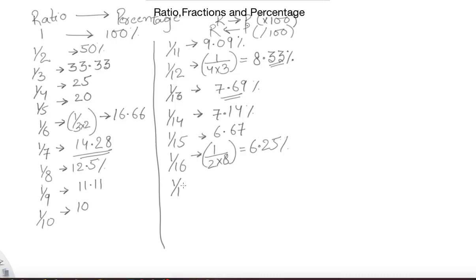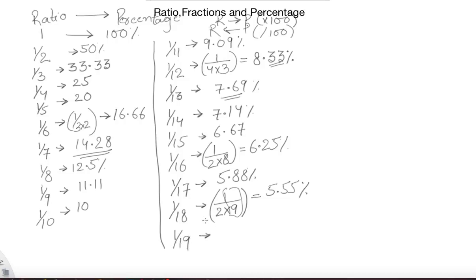1 by 17, this is a prime number, so we need to remember that it is 5.88%. 1 by 18, how do we find 1 by 18? It is nothing but 1 by 2 into 9. So 1 by 9 is 11.11, and half of 11.11 is 5.55%. 1 by 19 equals how much?